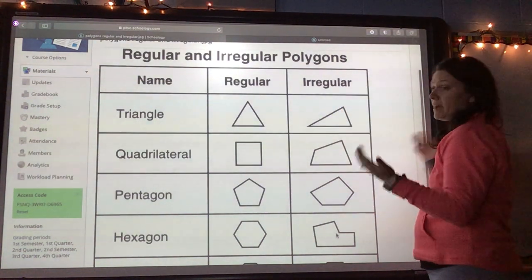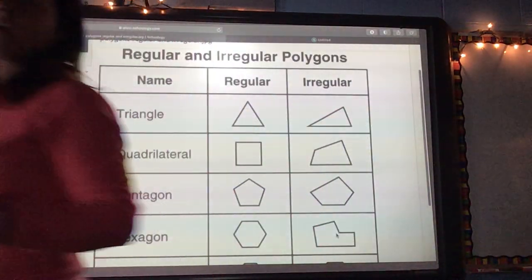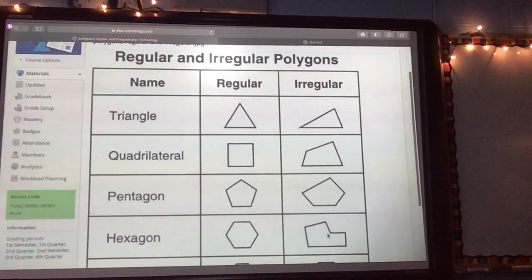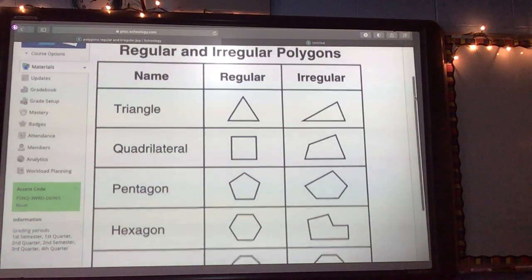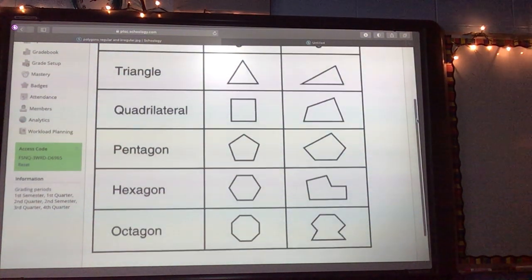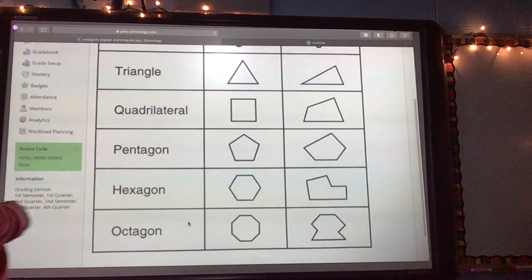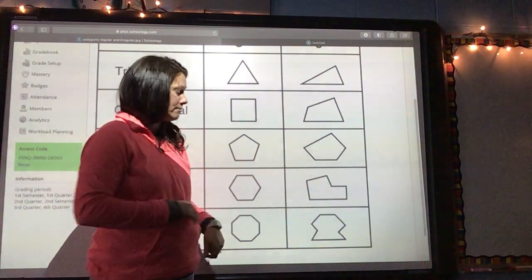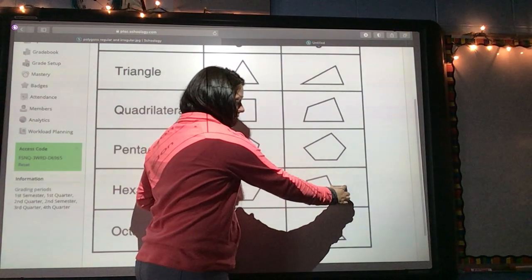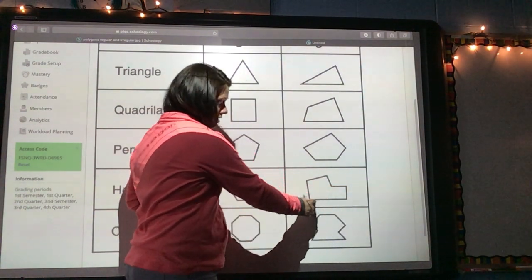It's okay, you can measure them to see if they are in fact equal length or different length. So they gave you an example of a regular one and an irregular one for a quadrilateral, pentagon, hexagon, and octagon. The hexagon is probably the most obvious one, that those are not the same sides. We have a side right here, itty bitty, and look down here going across.